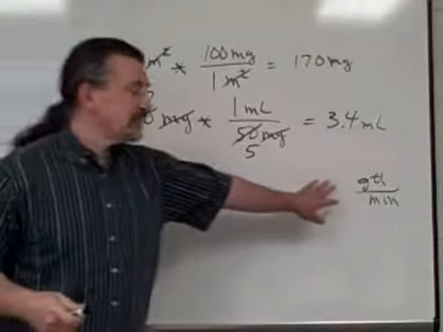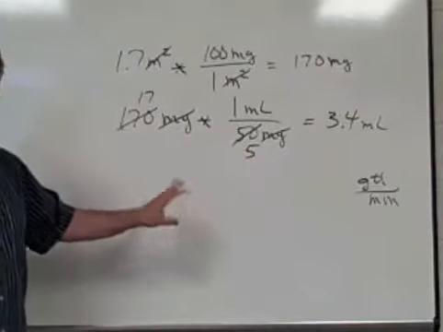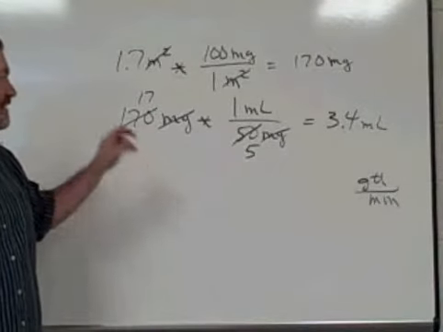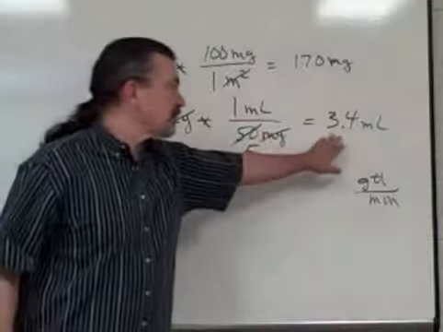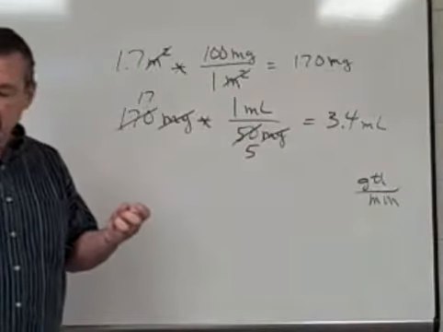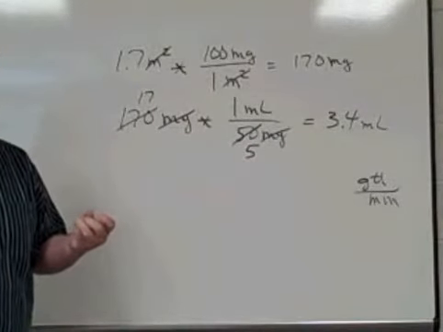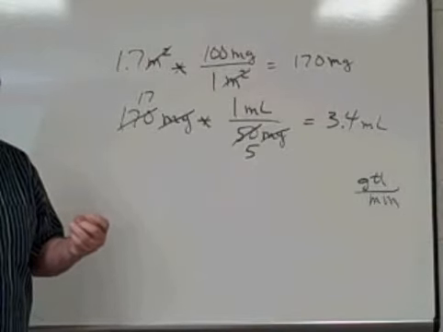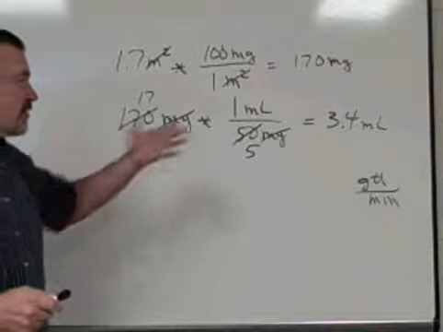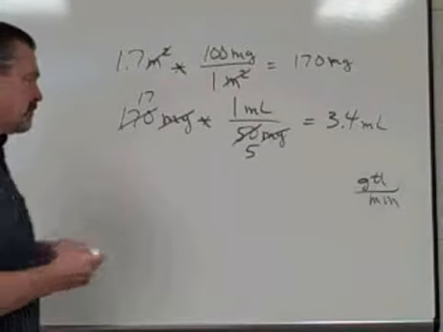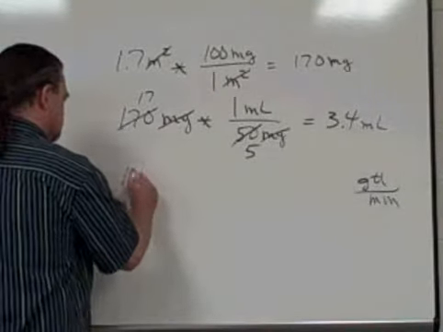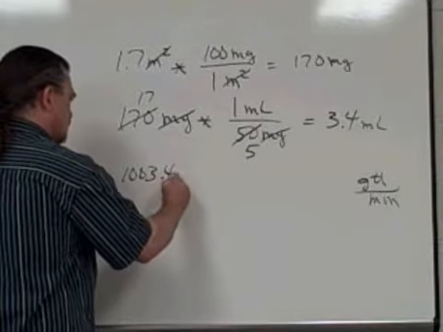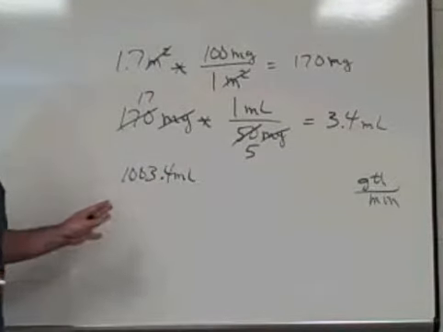So we want to know how many drops per minute to set our IV equipment so that we can dispense not only the 3.4 milliliters of the drug, but also then 1,000 milliliters of the D5 1/2 NS solution. So that's a total of 1,003.4 milliliters that we are actually infusing.